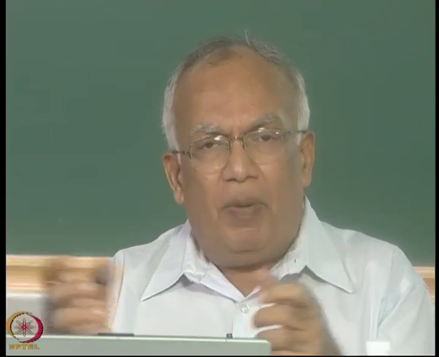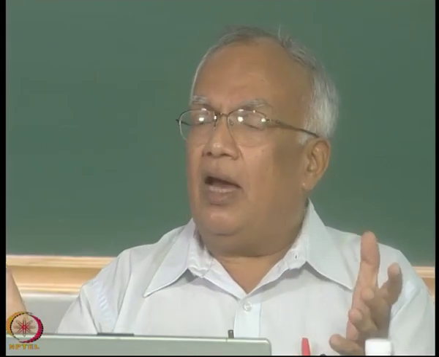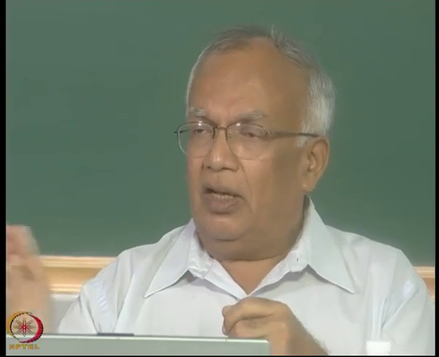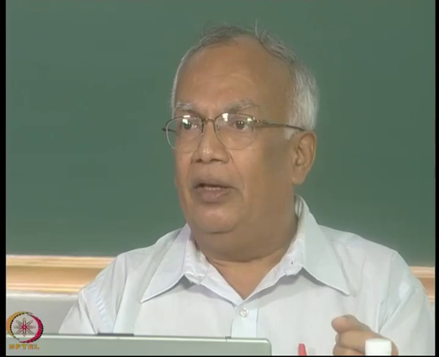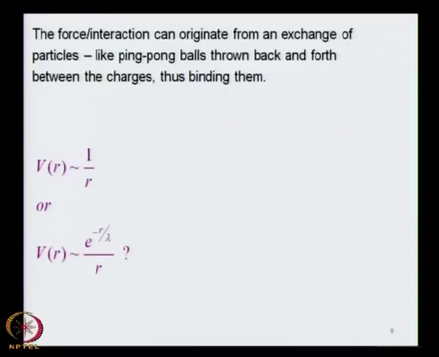So, it could be something like ping pong balls which are going back and forth between these two charges, and these are the messenger carriers, and we know now that these are the photons which convey this message, and they make the two charges talk to each other, interact with each other through this so called 1 over r square law. So, let us look at these messenger particles which are the photons, and the picture we have in mind is something of this kind, that these messenger carriers are being exchanged between these two particles.